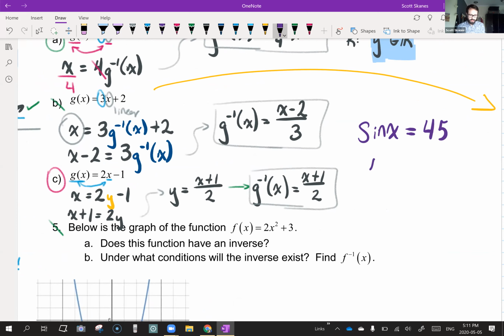So this would be sine inverse of 45. Okay, so you've seen it before. And it means the same thing. It's the reverse function. So inverse you've actually done before, just in a different way.